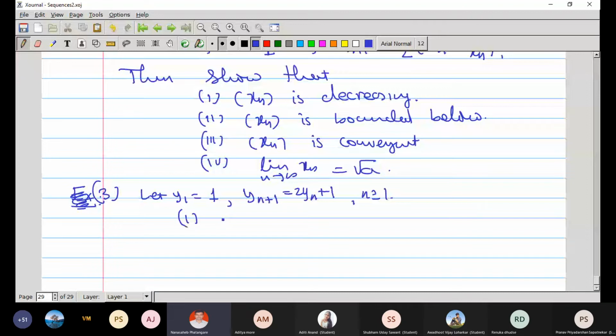Can you say that all yn are greater than 0? Yes.